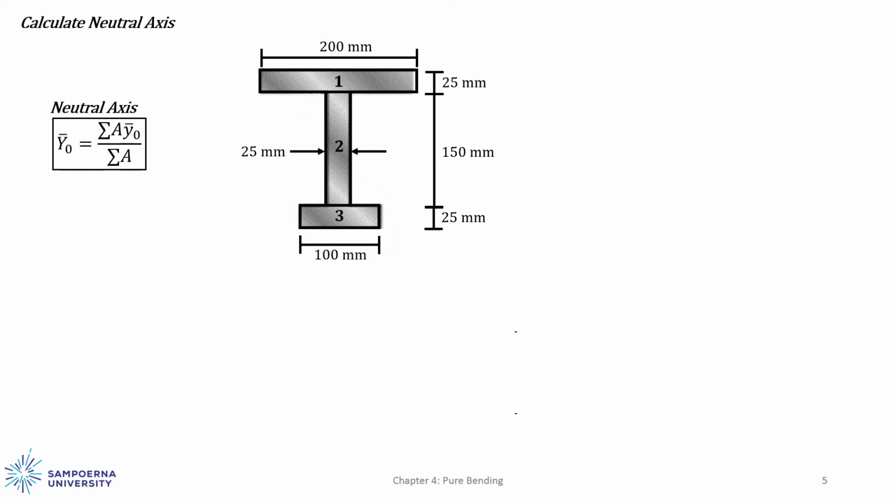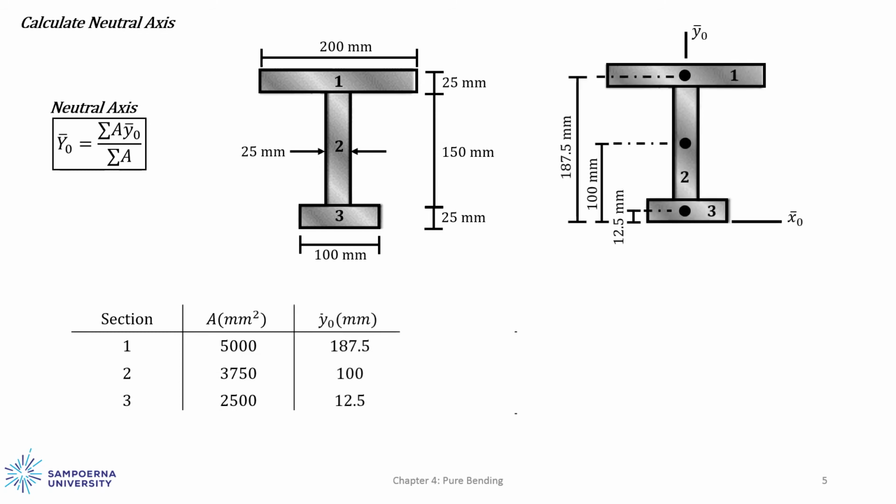Then we calculate the area of each section, and this is the A. Then we need to calculate the distance from the outer surface to the centroid of each section. Here, we set the distance from the below surface as the reference. We call this distance y-0.